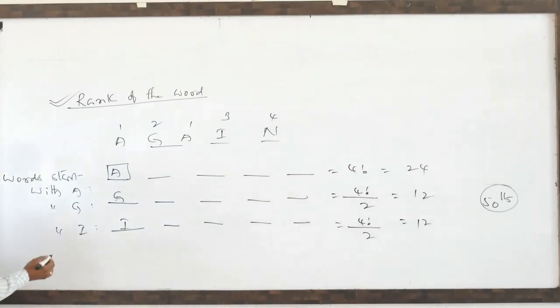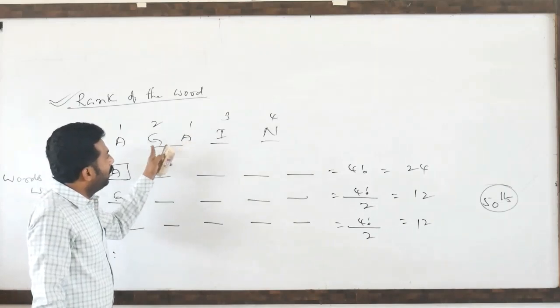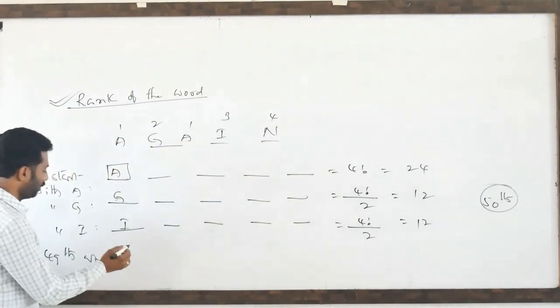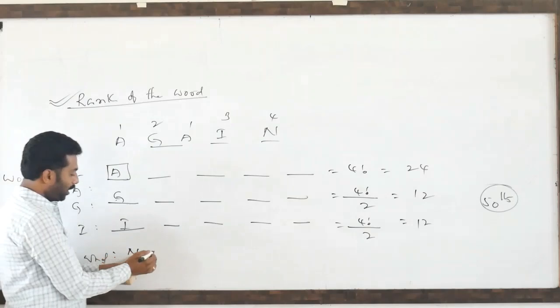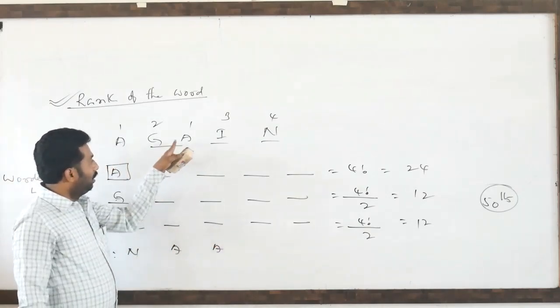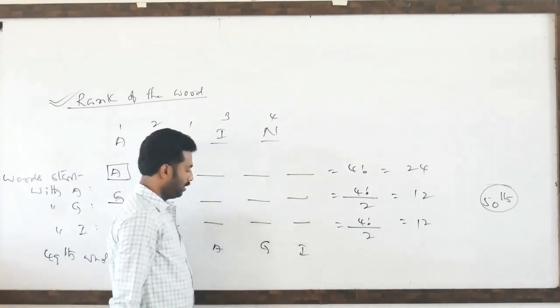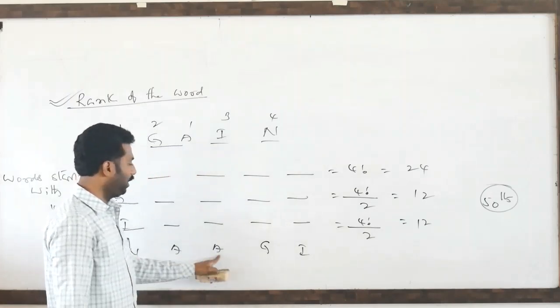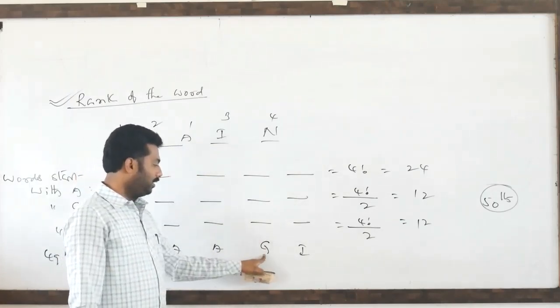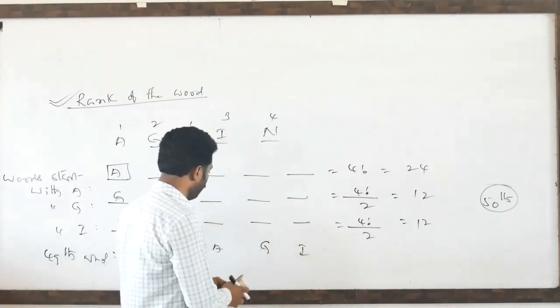What is the 49th word? After I, which one will come? G, N will come. This is N; according to the dictionary, A. Then G, I. So this is N, A, I, G. After A, then G, I will come.